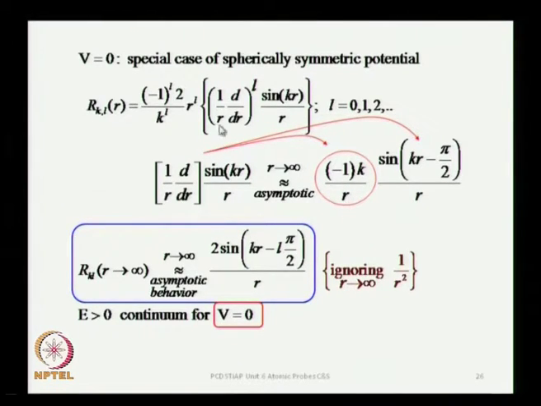So the r to the L factor will cancel this r to the L, the k to the L will cancel this k to the L in the denominator, and the minus 1 to the L will take care of this minus 1 which will be raised to L. The net solution for the Lth state, for the case of V equal to 0, will be given in terms of the solution for L equal to 0, in which the argument of the sine function is phase shifted by L pi by 2, and this is the result.